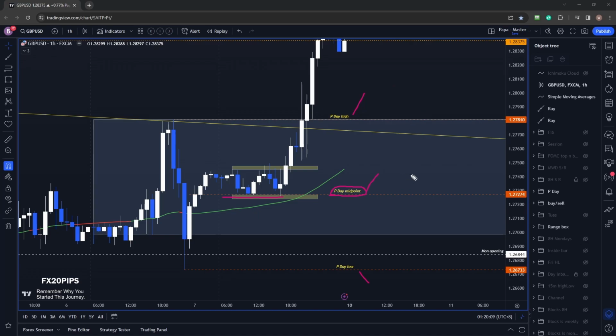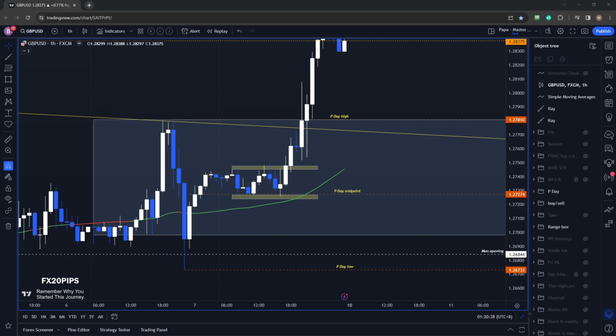That in a sense will give you a bit of assurance if you were to take any trades, and the stop loss would most probably be just around the previous day midpoint. And of course if you want to be very sure, you can even put it under the previous day low. And that is why I keep saying that by drawing all these previous day high, midpoint, and low, it would help you in your charting, in your trades.